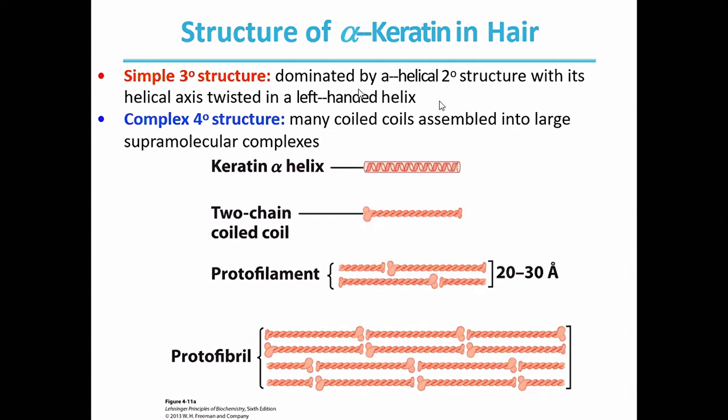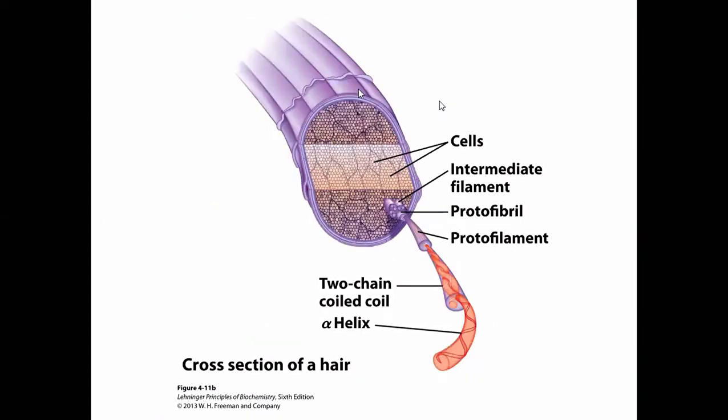And when you zoom in again, the structure is like this. So this is your hair. It has an alpha helix structure, and it's angled to create a supramolecular structure. So that's your hair.